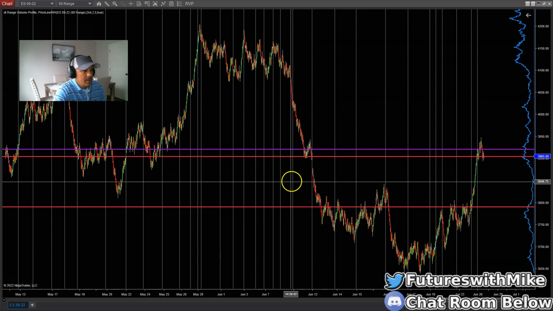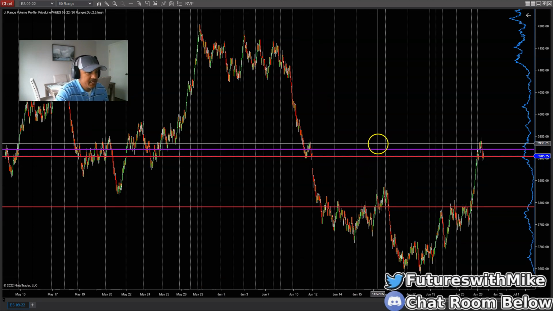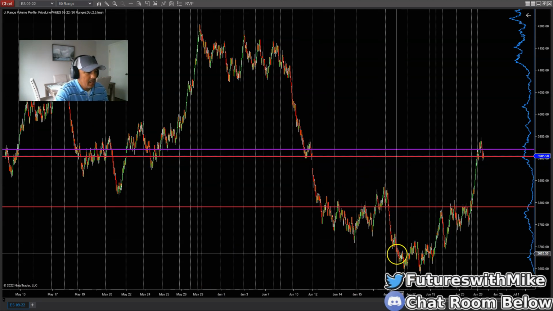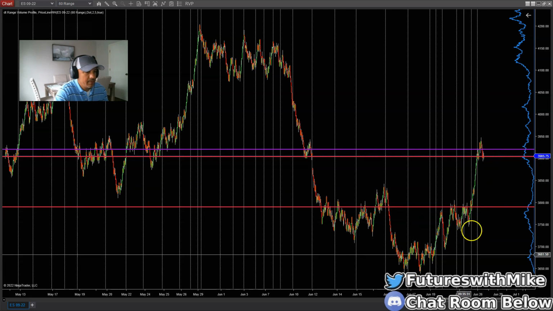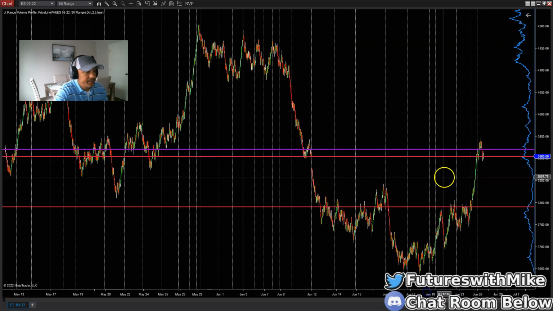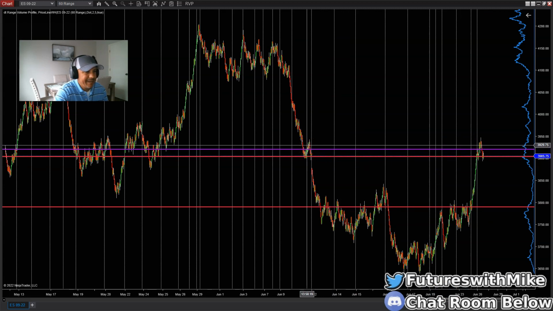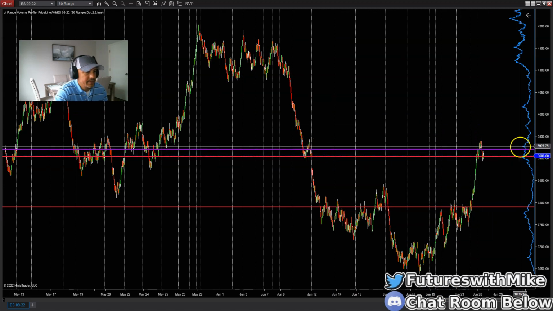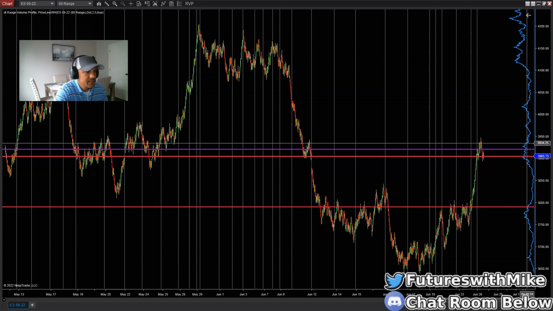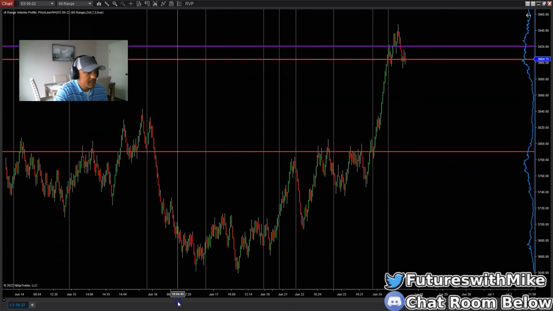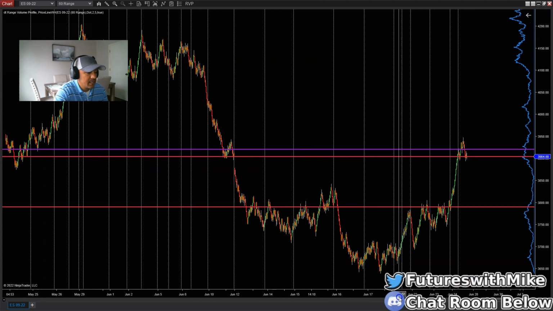We got some rejection as price started retracing and pulling back into this area, which is the upper portion of this high volume area on the 60 range. Price did reject there into the overnight hours, let me blow it up so you can see it, and pushed to the downside.